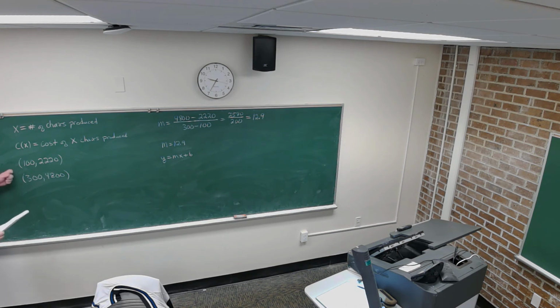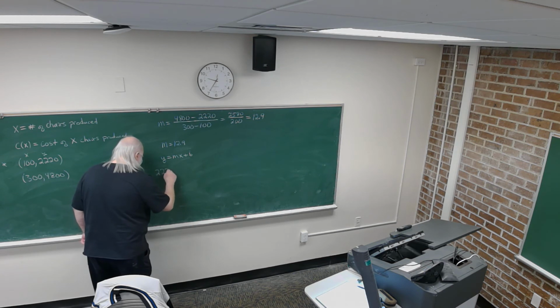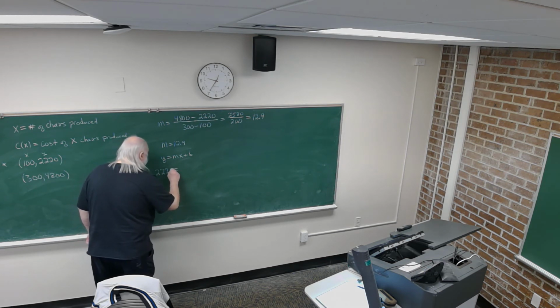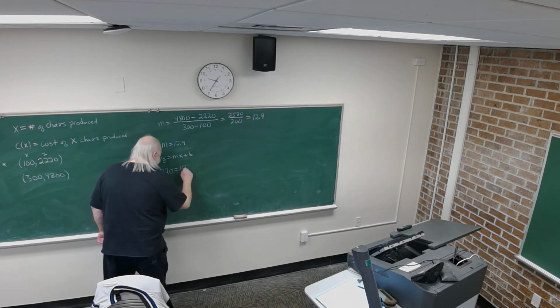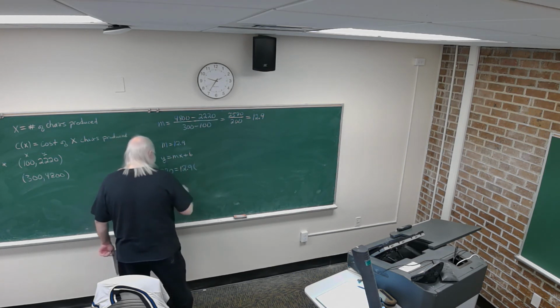And so I use the first point. Okay? And so 100 is the x coordinate, 2,220 is the y coordinate. And so I put 2,220 in for y. M is 12.9. X is 100.